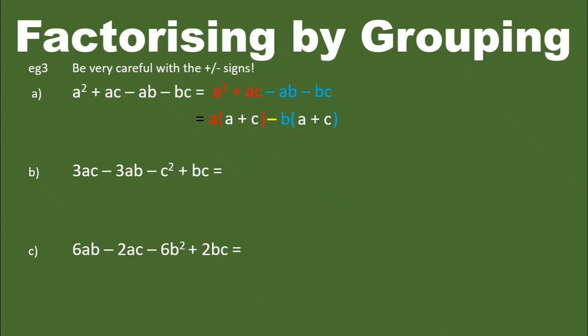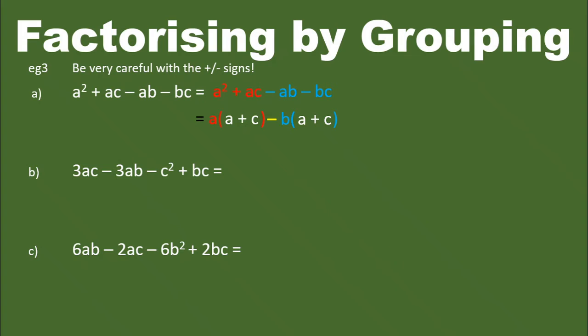So inside the blue brackets, I also have the expression A plus C. If I had put positive B as my quarterback outside that bracket, I'd have a different expression inside the bracket. The signs are so important.